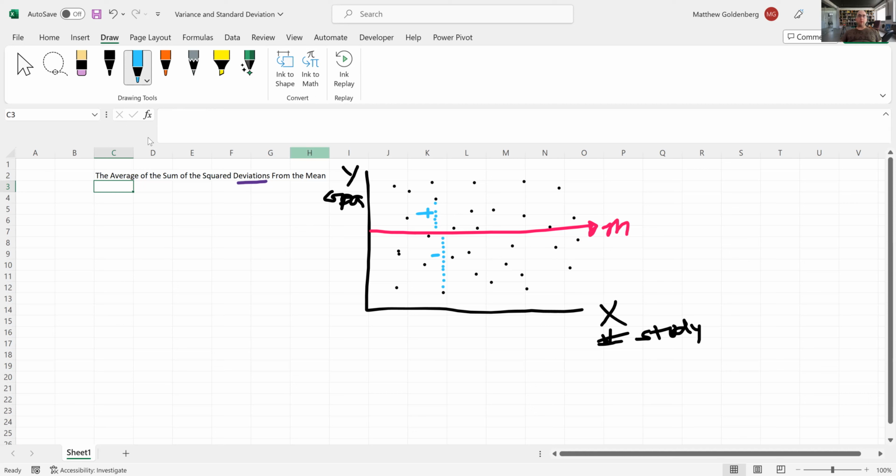And so what squaring does is squaring's going to remove the direction completely. Because what it does is it creates what I would call squared distance.